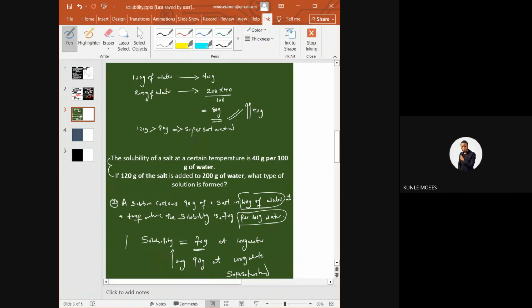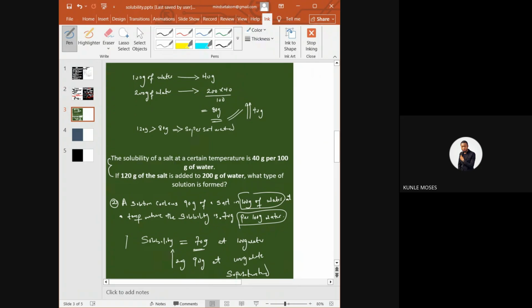Yeah, we got 80 grams of salt. And the one they gave us later is 120, the present grams of the salt. So look at 80 compared to 120. You can see 80 is lesser than 120. Therefore, it is supersaturated because they've added more salt. They ought not to add more than 80 grams, but they've added 40 more, making 120. That's why we have 120 grams.